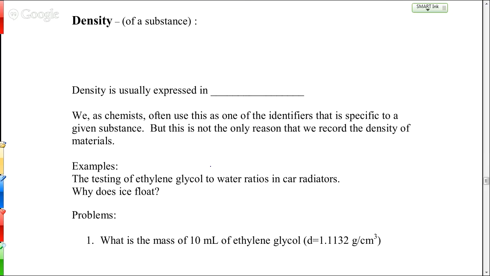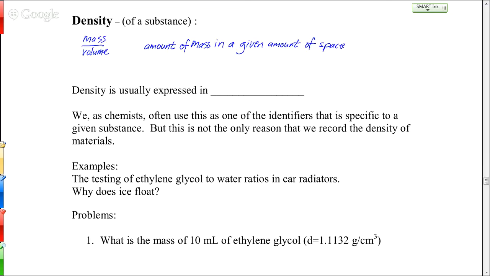So density is, as you said, mass per unit volume, mass divided by volume, or we can say that it is the amount of mass in a given amount of space. So basically, how much space does a certain amount of matter take up?